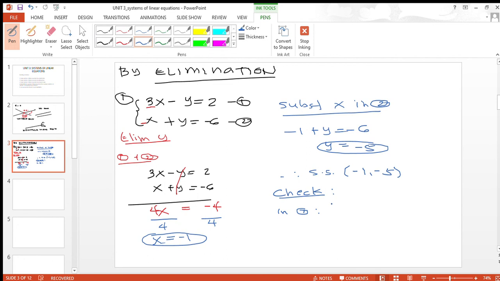So in equation 1, we have 3 times minus 1 minus y, which is minus 5. Is this equal to positive 2? So we have minus 3 minus minus 5, which is positive 5. What happened?